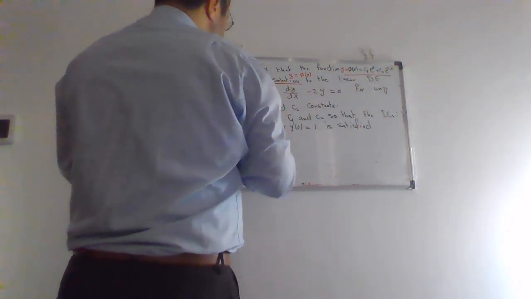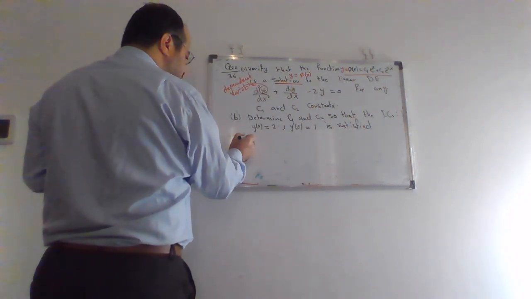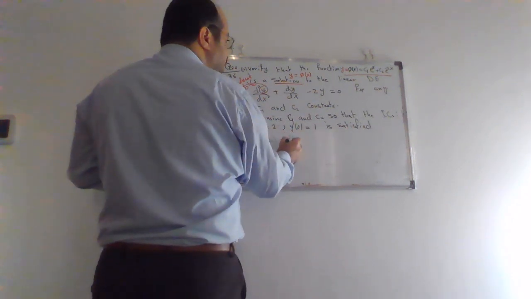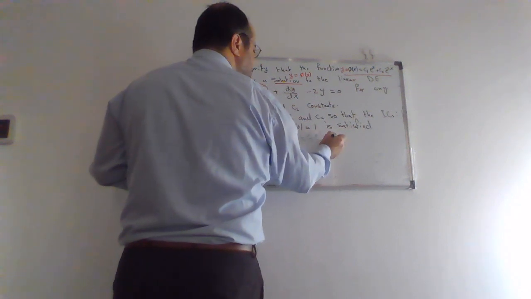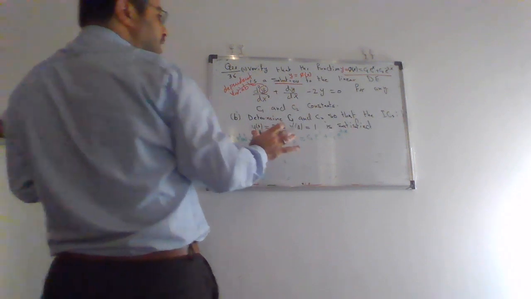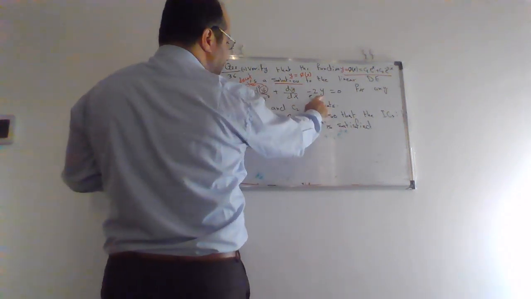Is this y good to be a solution for this? Let me check if this is really a solution. For A, you have y, which is c1 e power x plus c2 e power minus 2x. Now this is my y. Now I can replace y here in the differential equation.